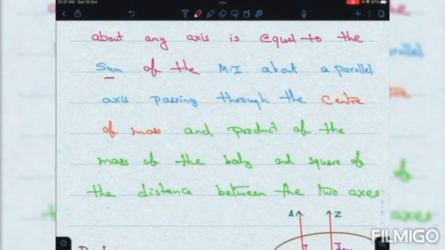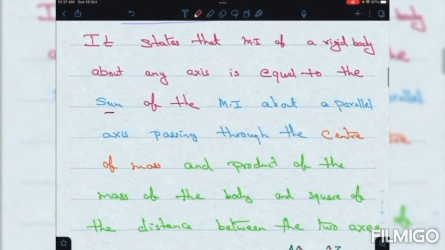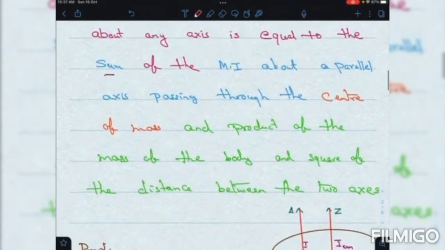So you have to write the moment of inertia of a rigid body about any axis. So I is equal to, what does it tell? Sum of the moment of inertia about a parallel axis passing through the center of mass.